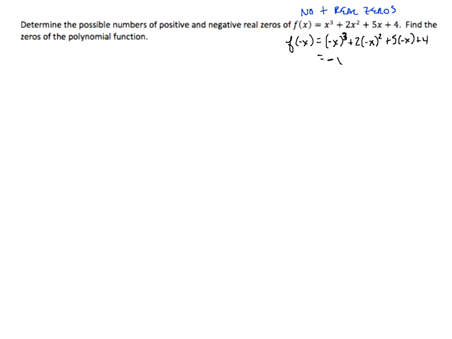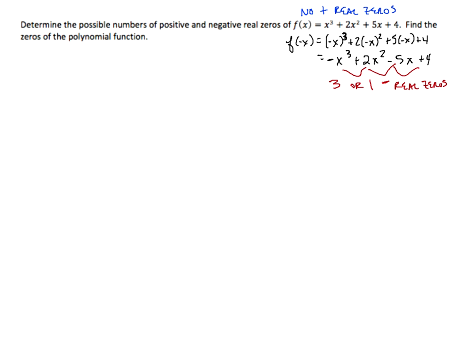So this is negative x cubed plus 2x squared minus 5x plus 4. See how many sign changes we have. We have one here, and one here. So that means we're going to have 3 or 1 negative real zeros.